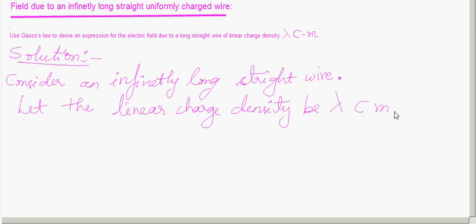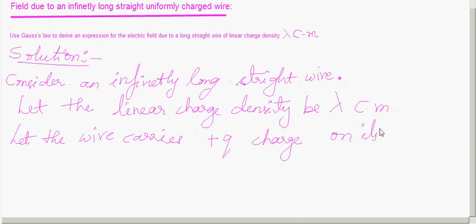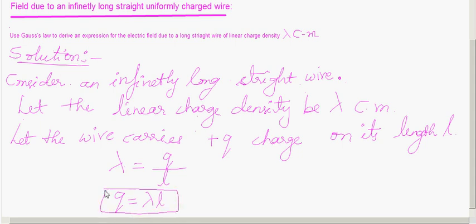Let the wire carry plus q charge on its length L. So the linear charge density is lambda. That means lambda is q by L, or charge q is equal to lambda L. So total charge will be lambda into L.